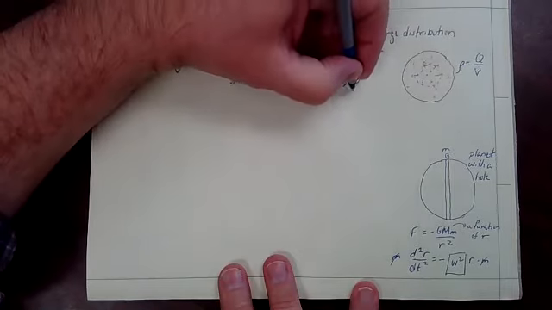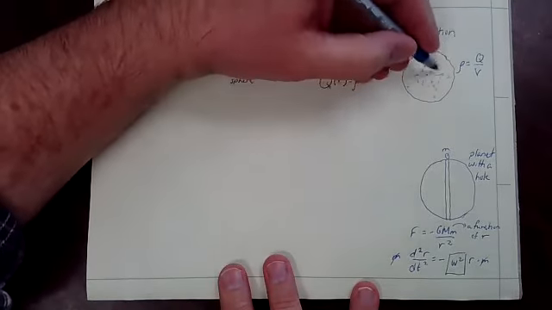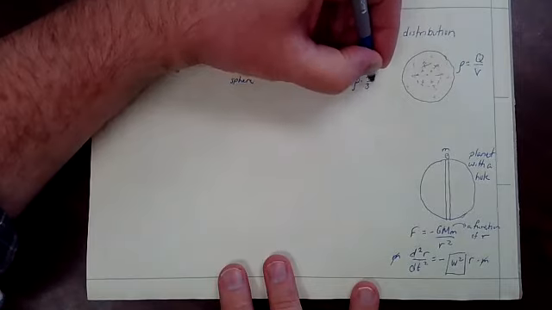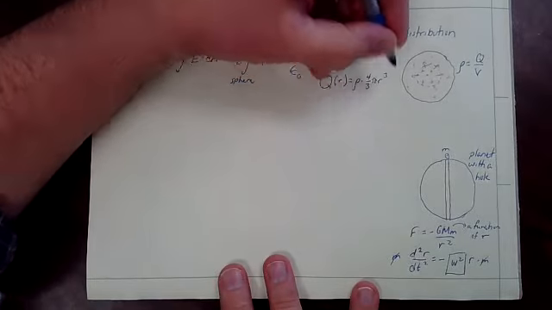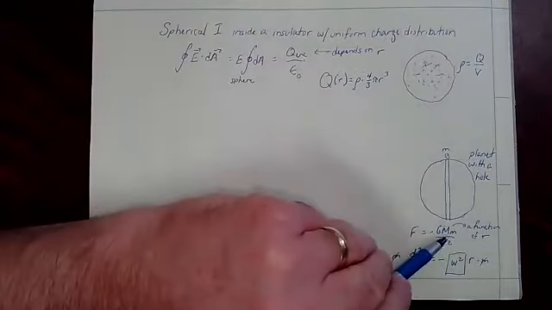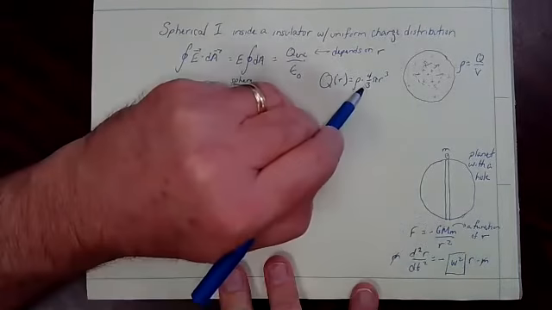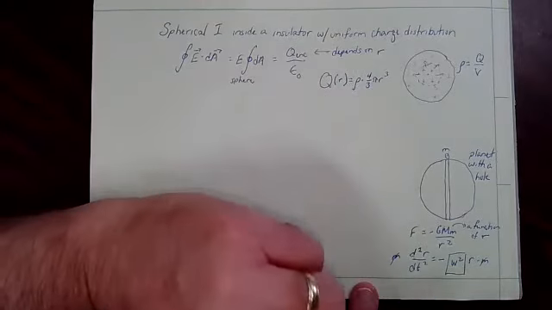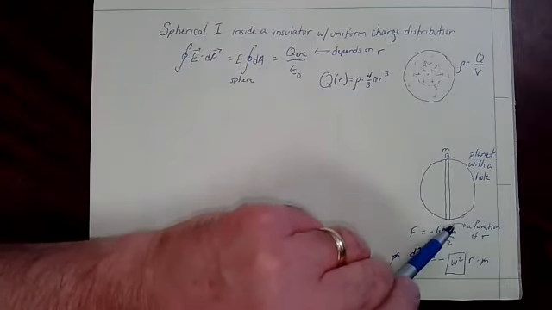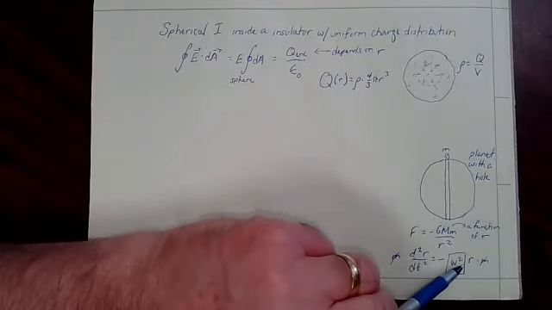So that's going to be rho times the volume of my little Gaussian surface, which is 4/3 pi little r cubed. There we go. Charge is a function of r. And so if this is a function of r cubed, then that's where the linear term comes out. You see that okay?